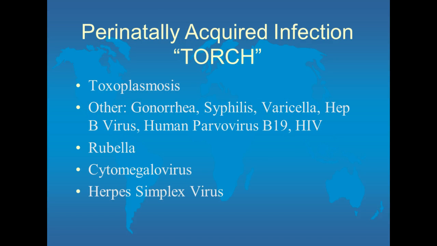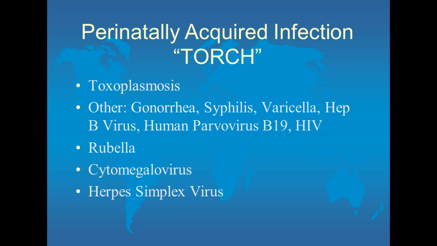I have another slide. This is a prenatally acquired infection, or TORCH it's called. They used to call it TORCH, but now it's got a whole bunch of things on it. So T is toxoplasmosis, O is other, because there's a whole list and they keep adding things every couple of years. Other would be gonorrhea, syphilis, varicella, hepatitis B virus, the human parvovirus B19, and HIV.